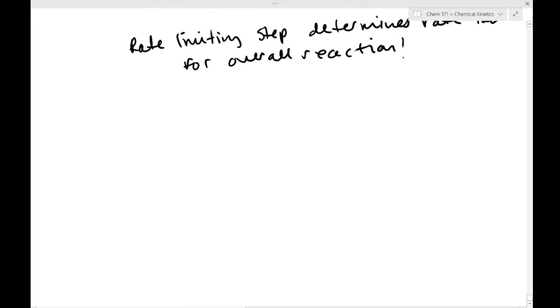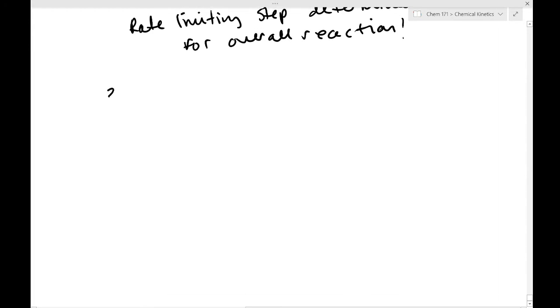Okay, let's go through an example of the rate limiting step determining the overall kinetics for the overall reaction. Okay, let's look at a real example here.